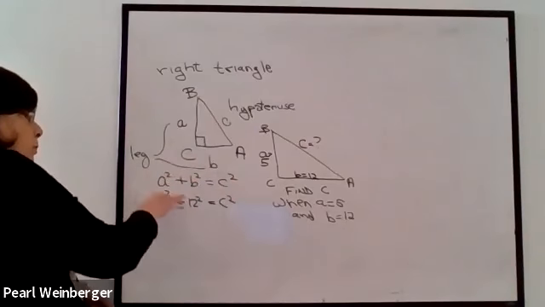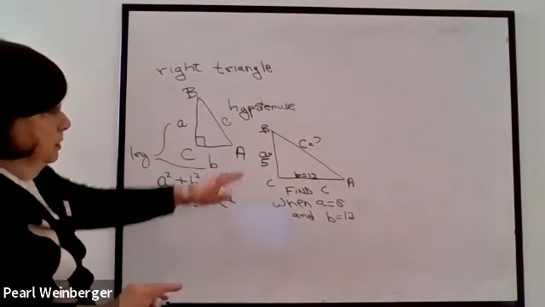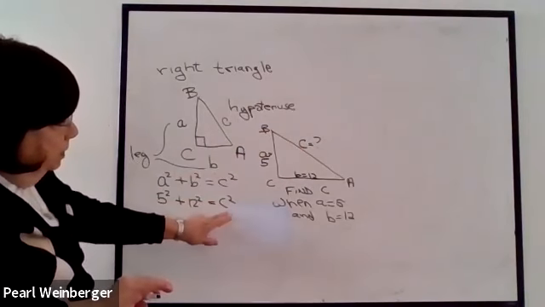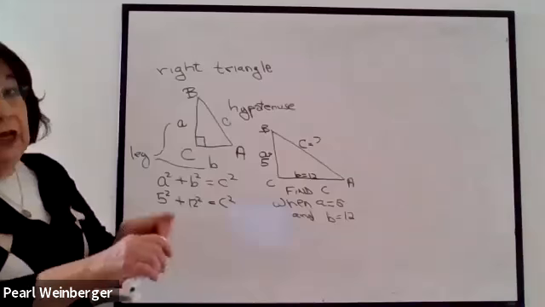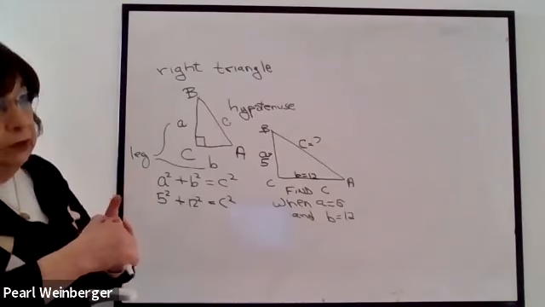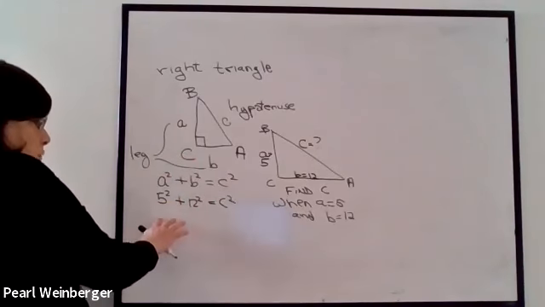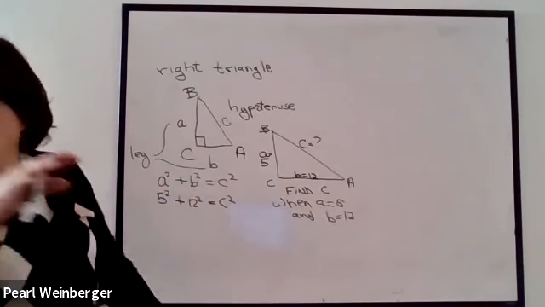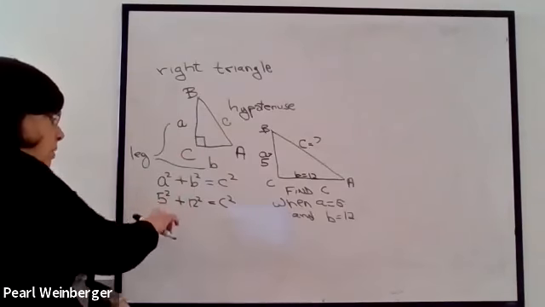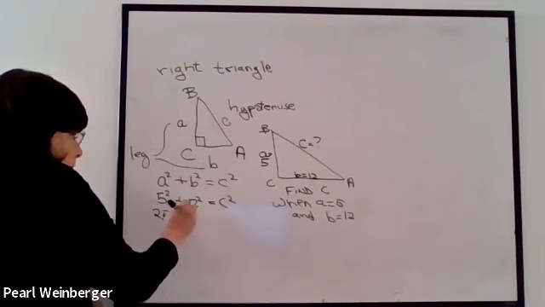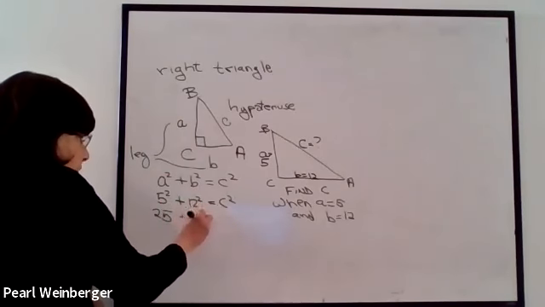Be very careful when you're putting the numbers in, because if they would have, for example, given you what c is, you would have had to put it in place of the c. Be very careful about that. Don't always immediately do the two numbers squared. Well, now working this up, of course, you can use your calculator if you have a calculator. 5 squared is 25, and 12 squared is 144.